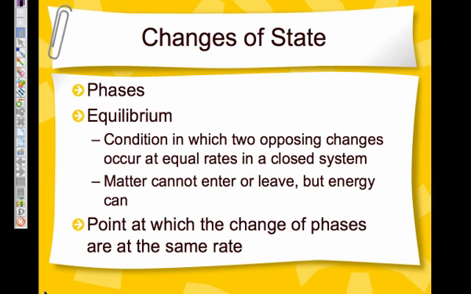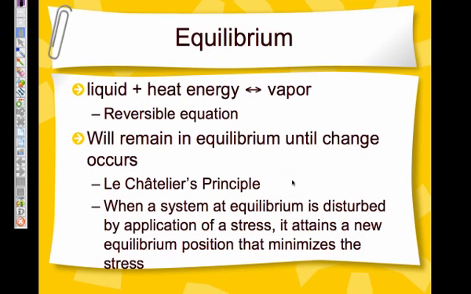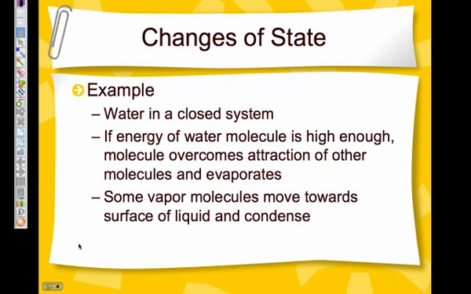So the point at which the change of phases are at the same rate is equilibrium, which is what that just said up there. So an example is with water in a closed system. If the energy of a water molecule is high enough in liquid water, at the surface, if that water gains enough energy, it's going to leave the surface of water and become a vapor, become a gas.